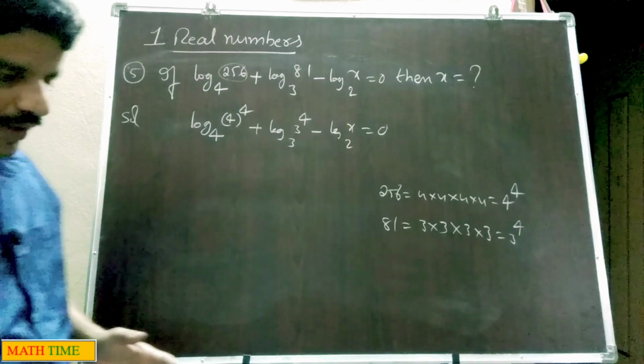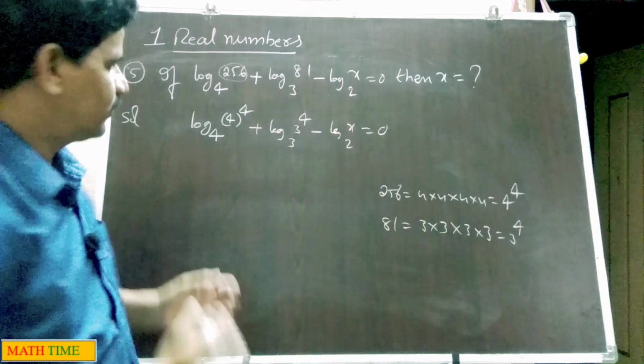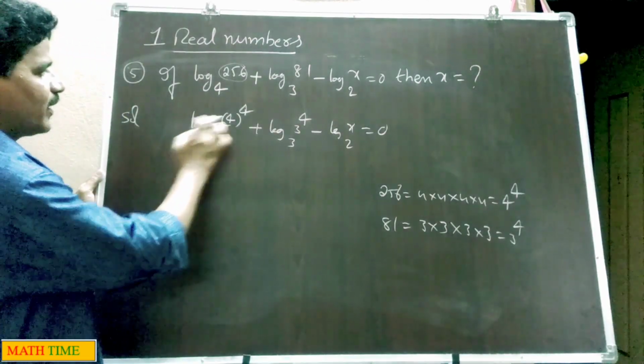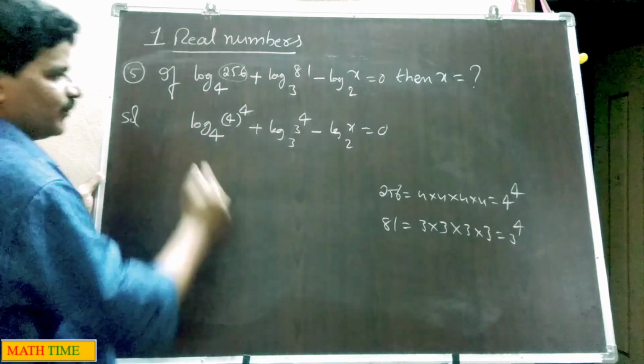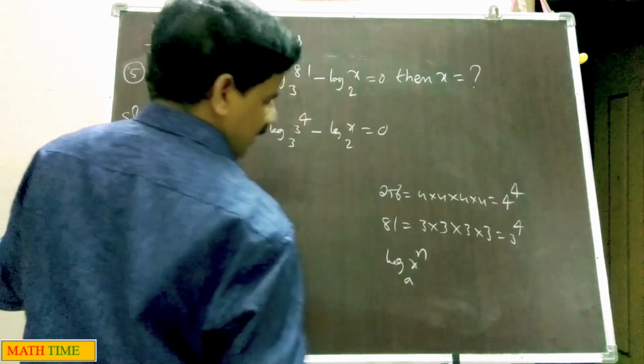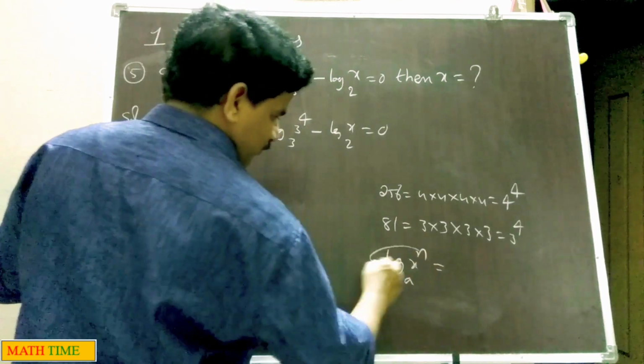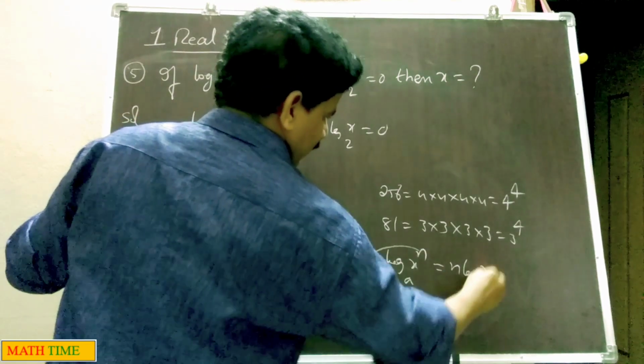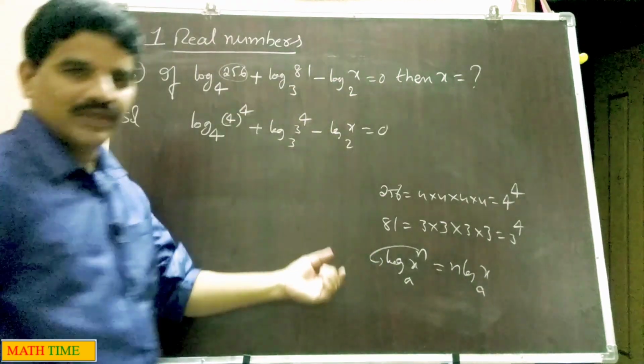Now we are going to apply small formulas of logarithms. Now it is in the form of log x power n to the base a. What is log x power n to the base a? It is n log x to the base a; n comes in front. This formula is very important.